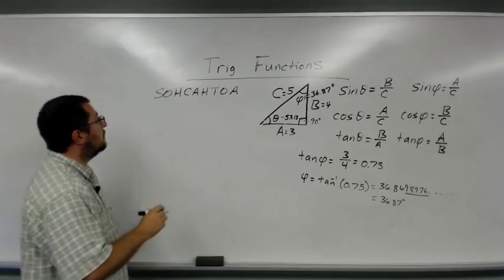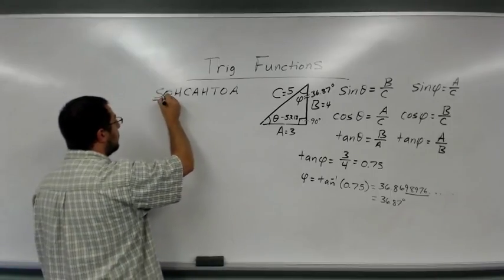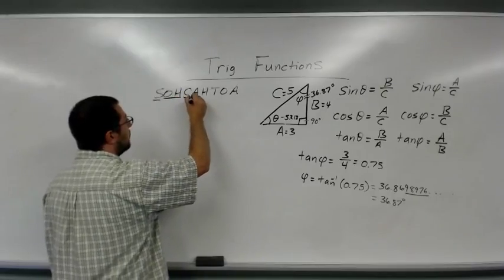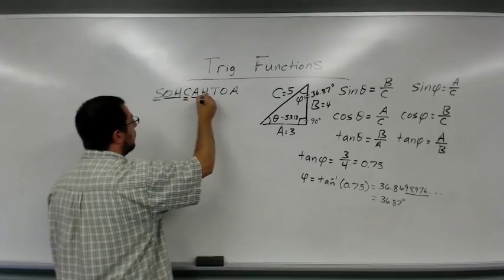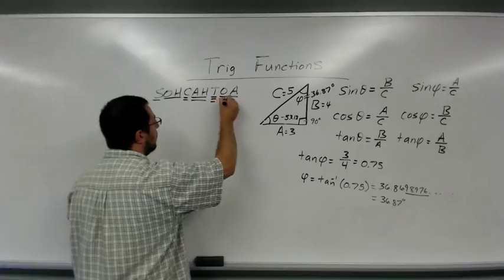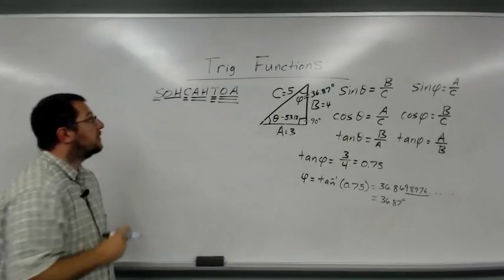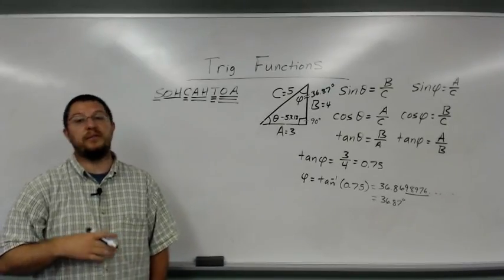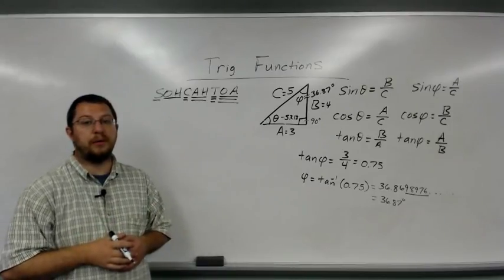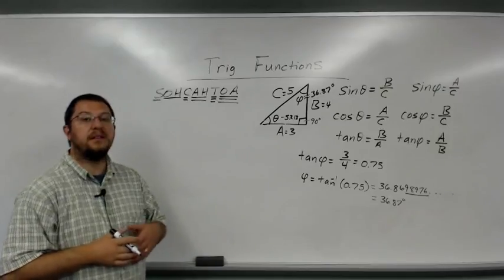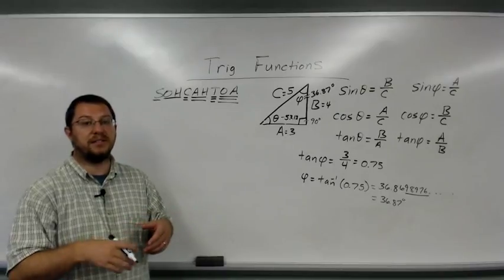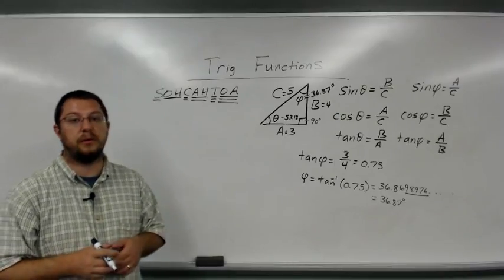The Sohcahtoa method says sine is equal to opposite over hypotenuse, cosine is equal to adjacent over hypotenuse, and tangent is equal to opposite over adjacent. So you can use the Sohcahtoa method if you find it helpful. A lot of people do. Or you can just brute force memorize the formulas. Sine is opposite over hypotenuse, cosine is adjacent over hypotenuse, and tangent is opposite over adjacent.